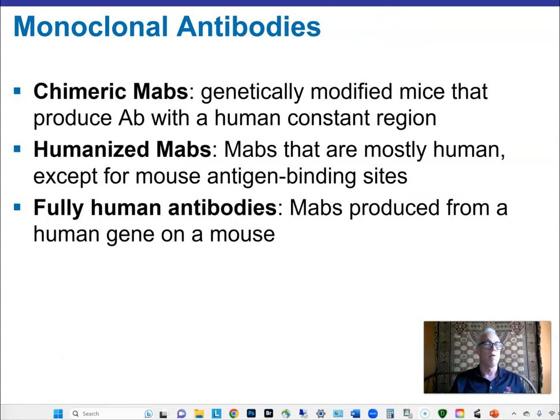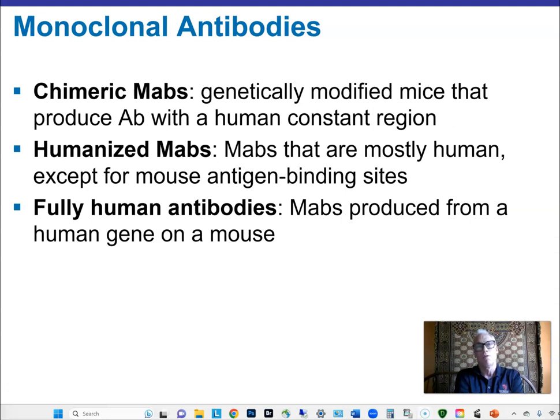As monoclonal antibody technology continues to improve, monoclonal antibodies, or chimeric antibodies as they're called, are more and more becoming the mainstay, in which we have an actual human antibody with a different tip, with only the variable regions coming from the mouse that was actually used to produce antibodies against a particular antigen. So you can have mice that have been kind of humanized so that the antibodies they produce are like human antibodies.